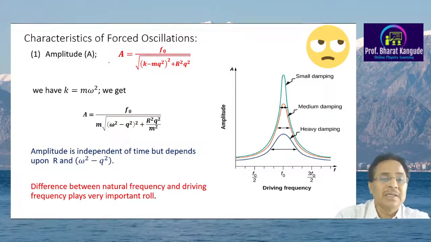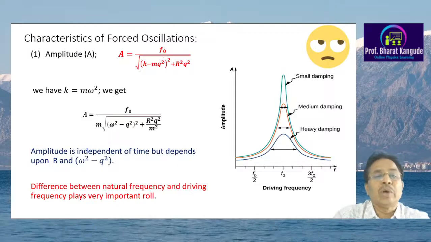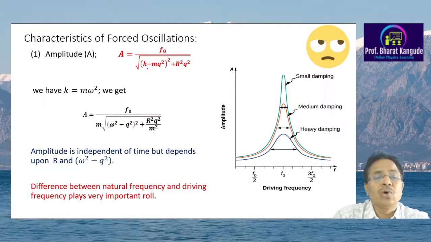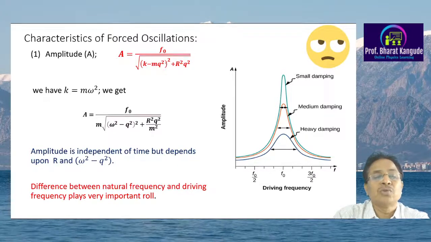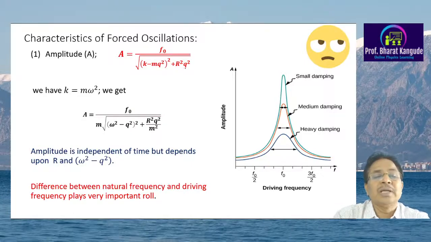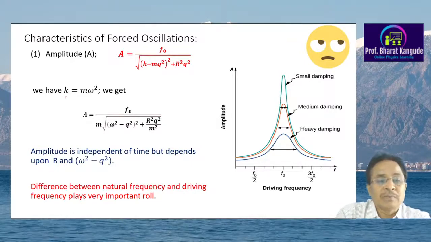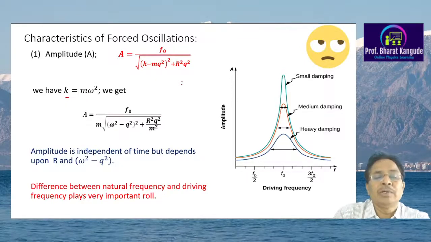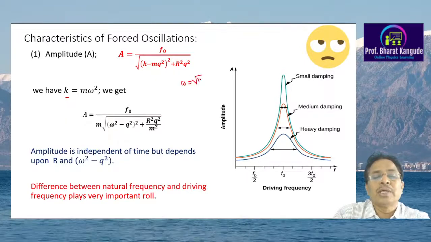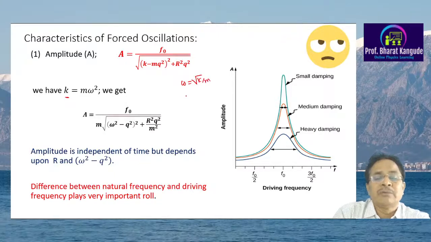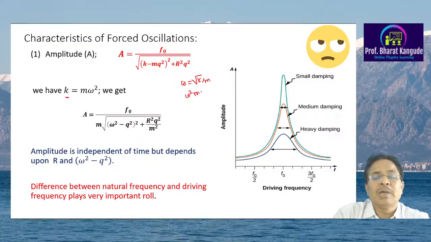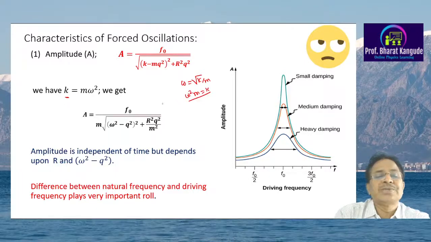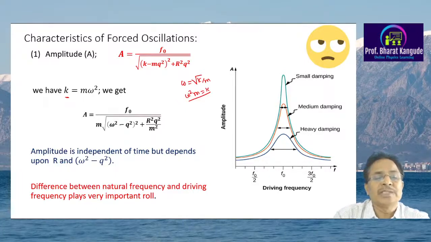Amplitude A, as given earlier, is A equal to f0 divided by root of k minus mq square, square of the bracket, plus r square into q square. From chapter 1 we have known that k is equal to m omega square, or we have written omega is equal to root k upon m several times. Therefore, squaring it, omega square into m gives k. So replace k by m omega square in this expression.